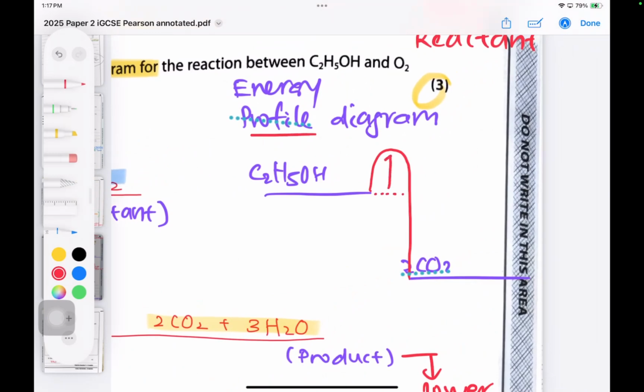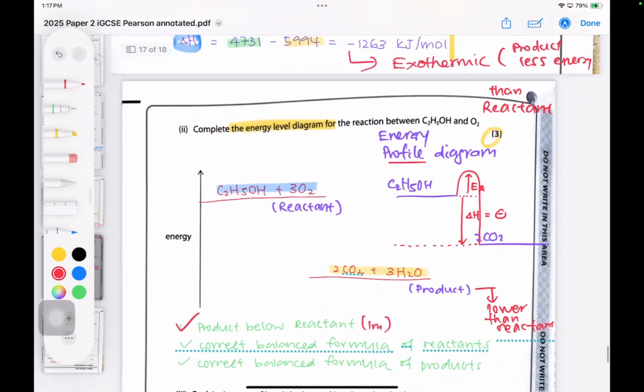You need to include what we call activation energy, and this enthalpy change, delta H, which is going to be a negative value. If you want to be precise, you can just copy the number at the top. Negative 1263 kilojoules per mole. That is our energy profile diagram.